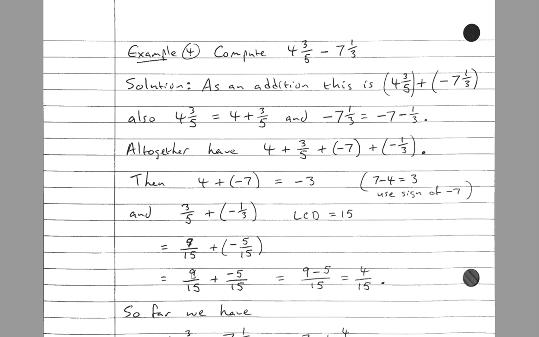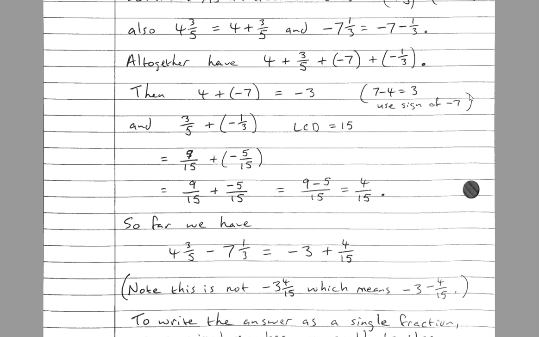And so it's 9 plus negative 5 over 15. That's 9 minus 5. So that's 4 over 15. Okay, so from the whole number pieces, we got negative 3. From the fractions, we got this. So we're adding these two together. So far we have negative 3 plus 4 over 15.